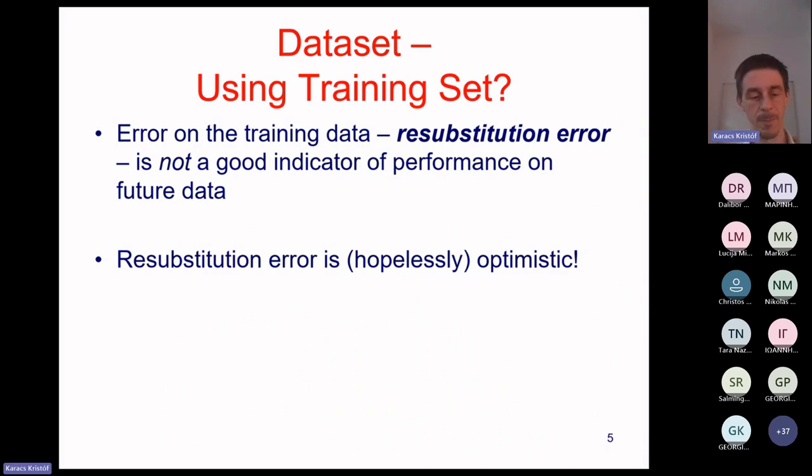If you try to test your knowledge, the good way to go is to use samples that were not included during the training.